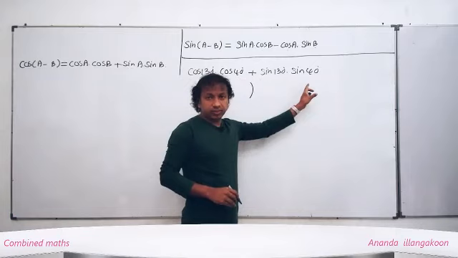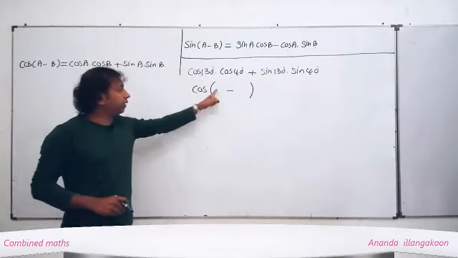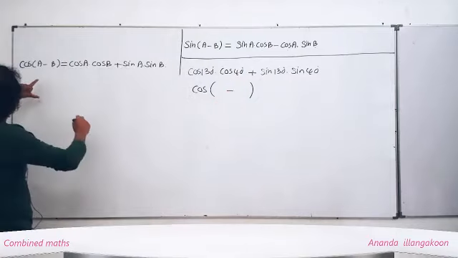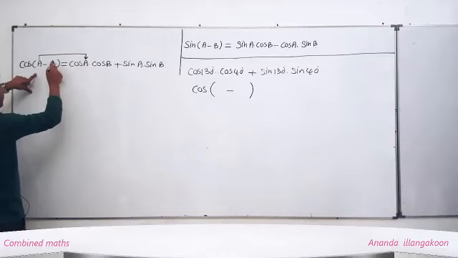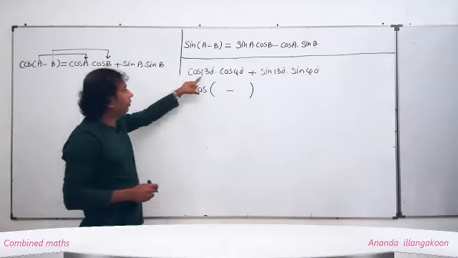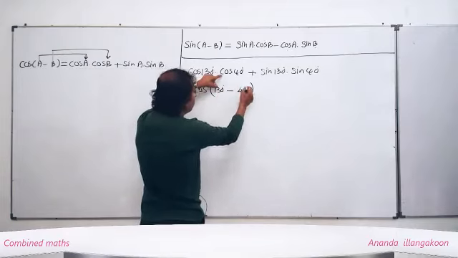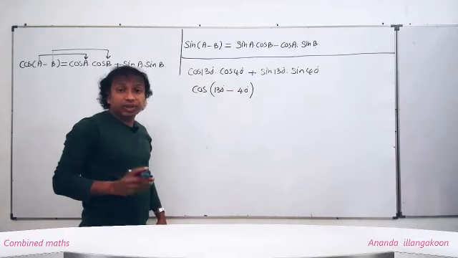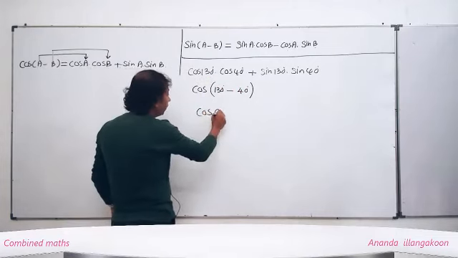That's the reason. Now this angle and this angle. The first angle in the left hand side is this, the second angle in the left hand side is this. Then you can write 130 as the first one, minus 40 next. 130 minus 40 is 90. We get cos 90.